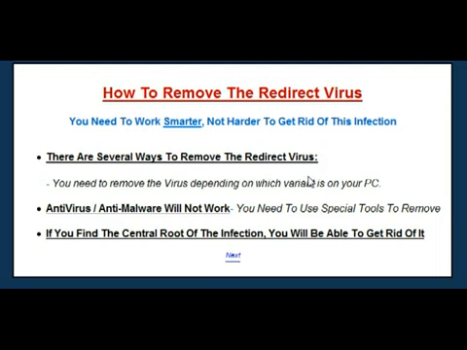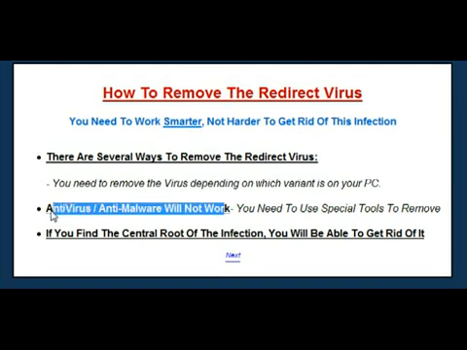And although the redirect virus doesn't have 10 variations, it does have two, which I explained earlier as the TDSS Trojan Horse, or the generic virus, which basically changes the settings on your system which deal with the redirects that the internet has.